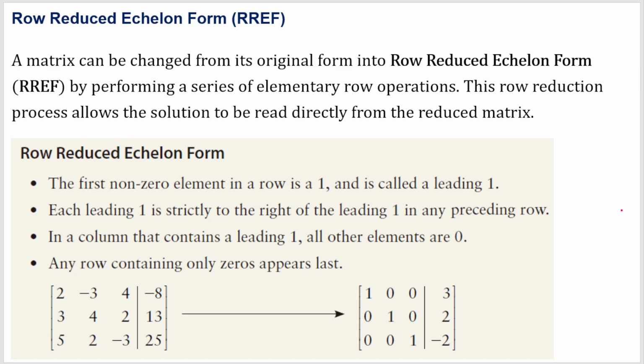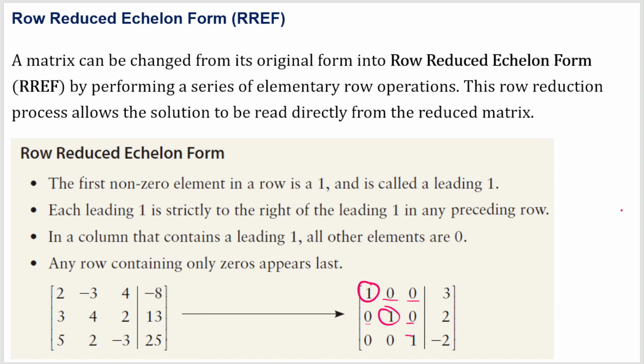In RREF, the first non-zero element in a row is a 1 and is called a leading one. And each leading one is strictly to the right of the leading one in any preceding row. In a column that contains a leading one, all other elements are zeros.